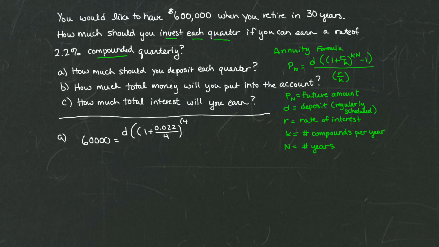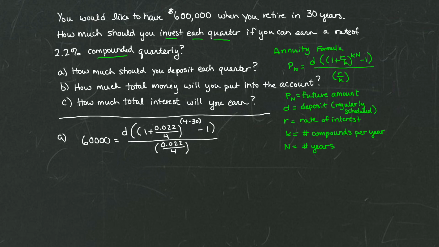So that's going to be 4 times the number of years, which is 30. Subtract 1 and divide that whole quantity by r over k, which is 0.022, again dividing by the number of compounds per year, which is 4.